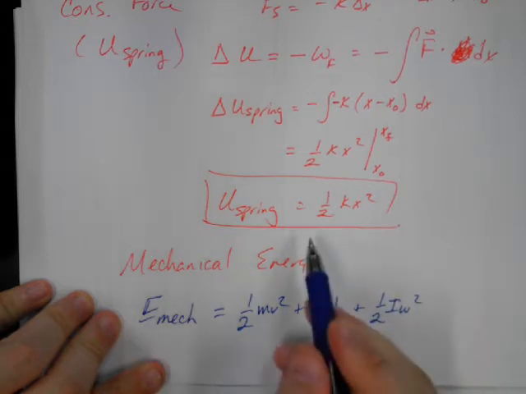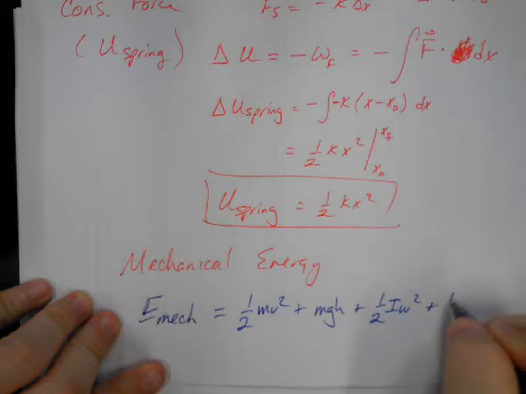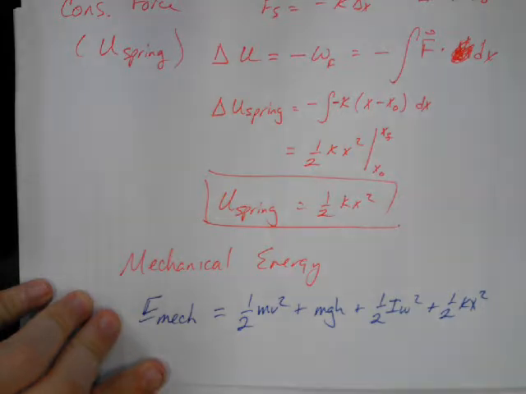And now we have this elastic potential energy, plus 1/2 kx squared. All right. So that's going to be the form of it.